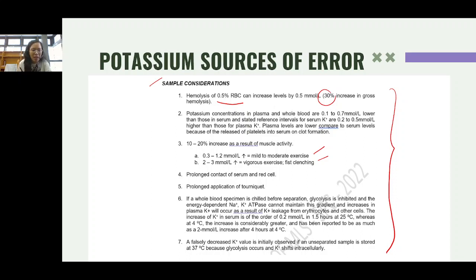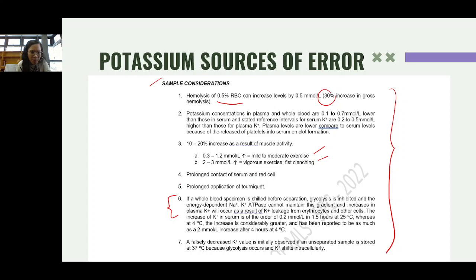Now, number 6, if a whole blood specimen is chilled before separation, glycolysis is inhibited, and the energy-dependent sodium-potassium ATPase cannot maintain this gradient, and increases in plasma potassium will occur as a result of potassium leakage from your erythrocytes and other cells. So ito na po yung explanation kanina sa na-mention ko po regarding why bawal i-ice or bawal i-chill yung sample nyo for potassium measurement.